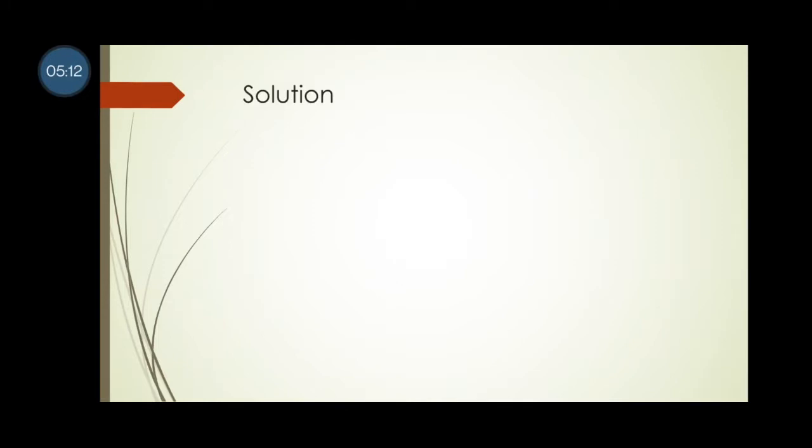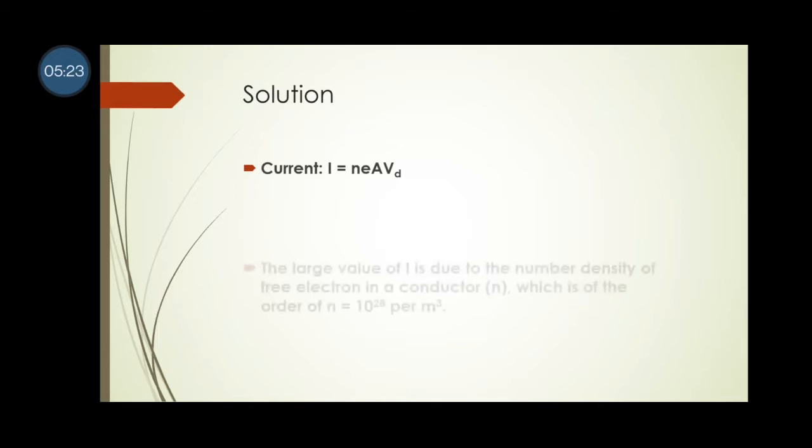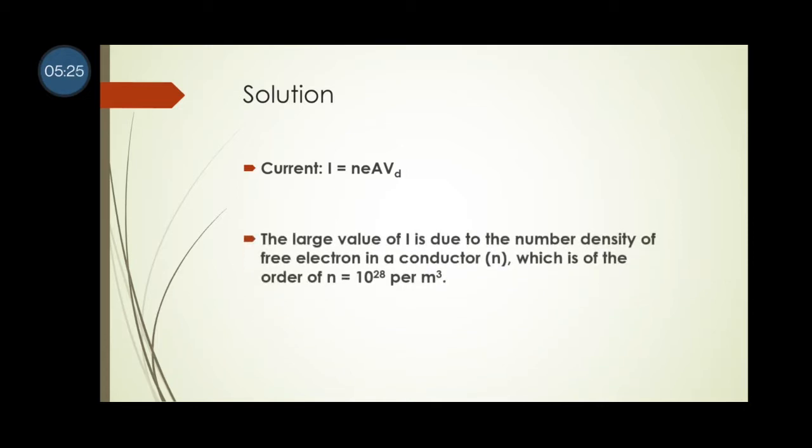How? Because we have I is equal to number of electrons into charge of electron into area into drift velocity. The current is high because of the number of electrons in the conductor, since in a conductor the electron density is of the order of 10 to the power 28 per meter cube.